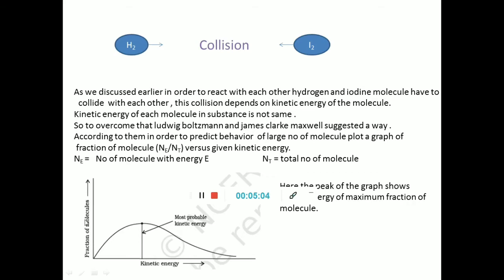Here the fraction of molecules versus kinetic energy graph is shown. Fraction of molecules means Ne by Nt. Here you can see the highest peak shows that maximum molecules will have this much kinetic energy. Maximum molecules, not all molecules, will have this much kinetic energy.